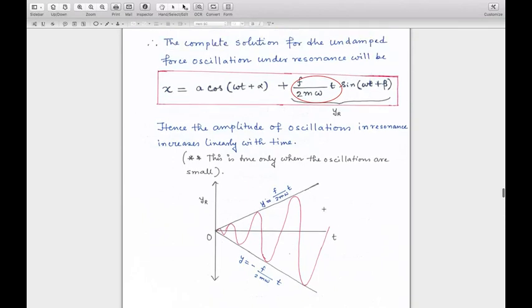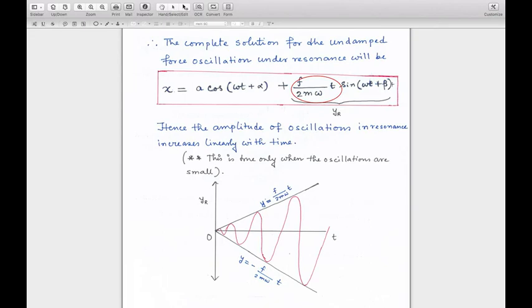If you now draw that, the amplitude will be going like this. And it will only continue until x is no longer small, because x is actually assumed to be a very, very small displacement. If you remember, that's why we Taylor expanded until the first non-zero term, which was the quadratic in x square type of thing.